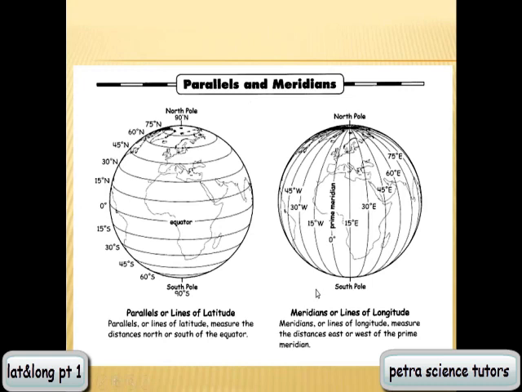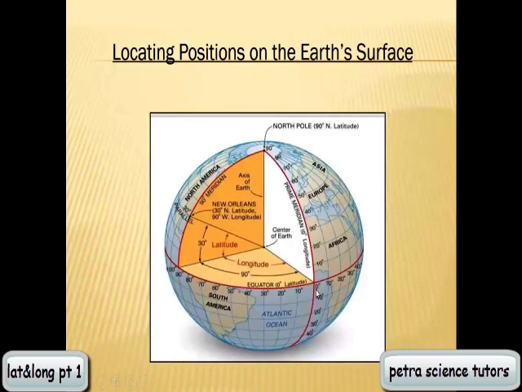All right, so let's continue. So just like I said, latitudes and longitudes are essential to locating and planning positions on the Earth's surface.